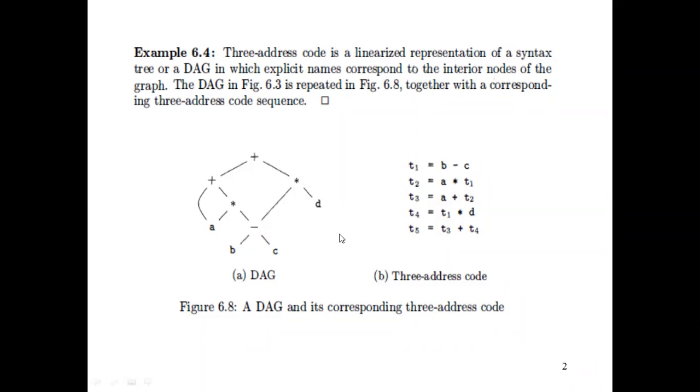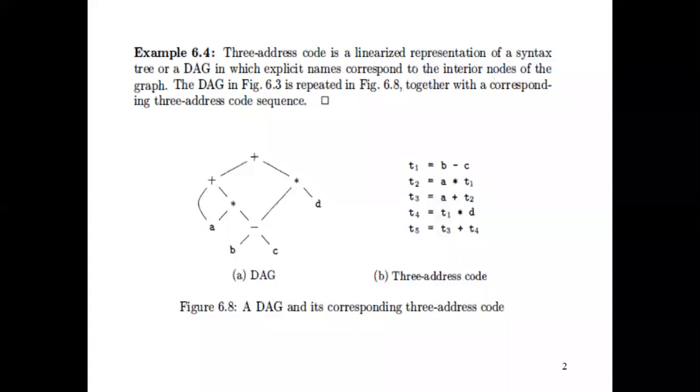So no need to write the A again and again, because the complete expression is A plus A star B minus C plus B minus C star D. Here we are going to draw the directed acyclic graph, which is the compact form of the syntax tree. In this manner, we can draw the directed acyclic graph for the given expression and also for whatever is provided in the problem.